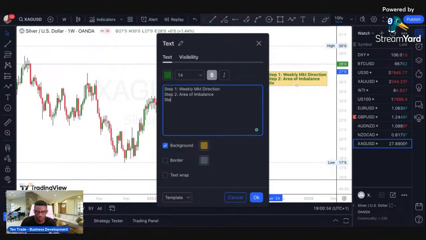Step three. Drop down to a lower time frame to look for market structure.